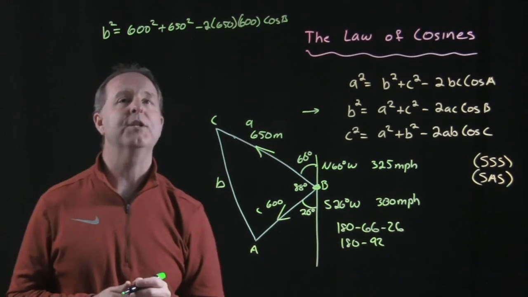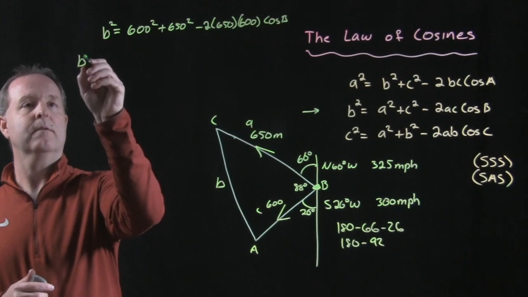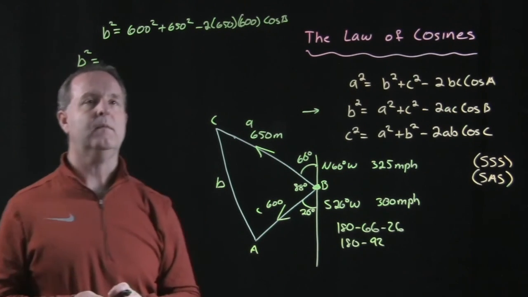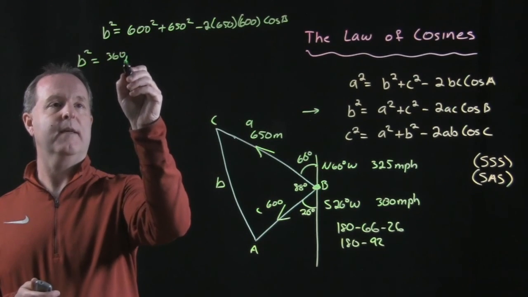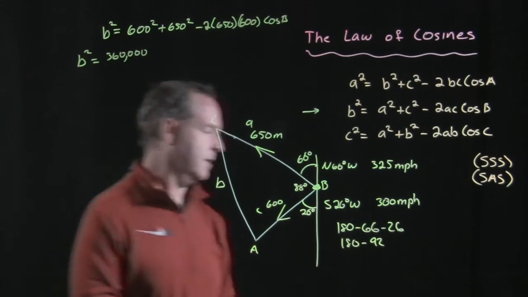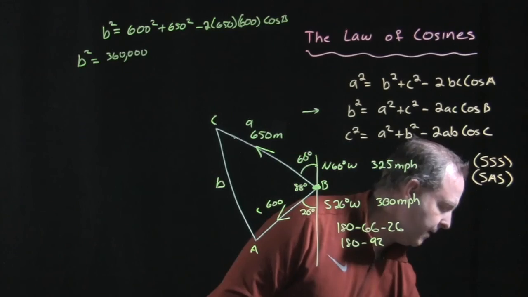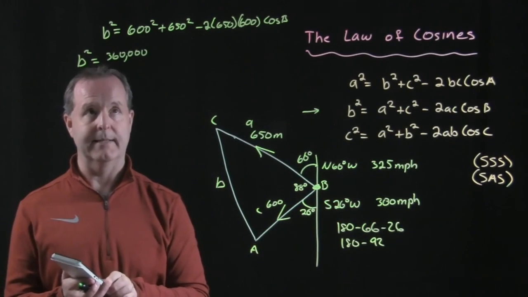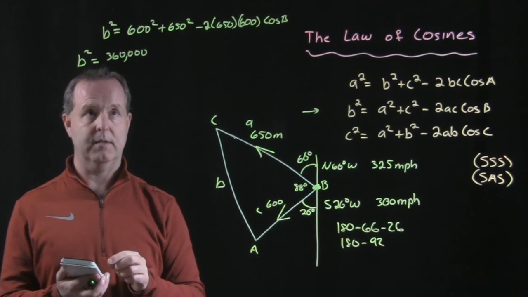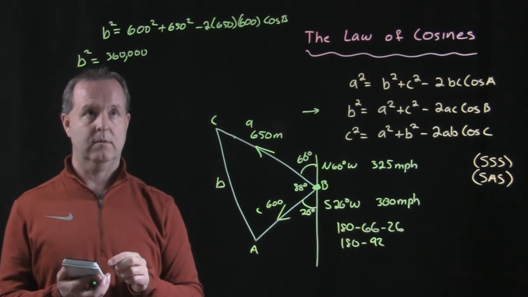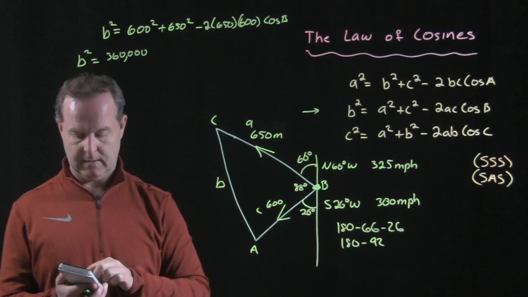So I know all that information. Let's just go ahead and start working it down. So 600 times 600 is 360,000. 650 squared, I'm not knowing that one real quickly off the top of my head. I probably could. 2,500 more than that? I think so.